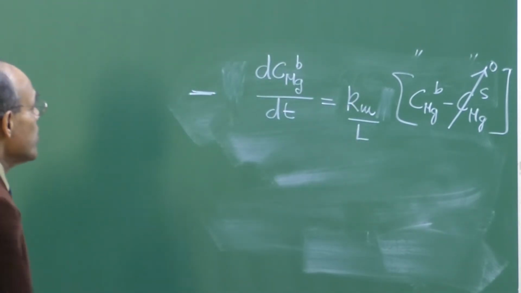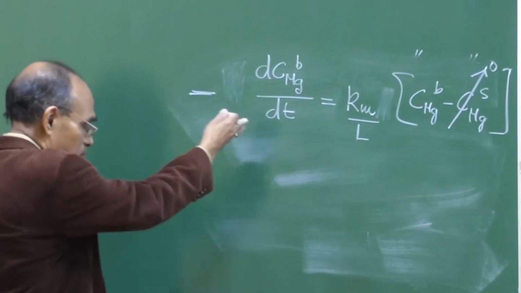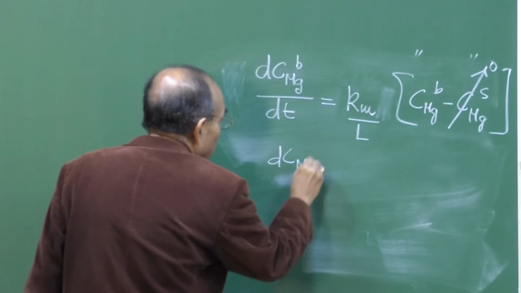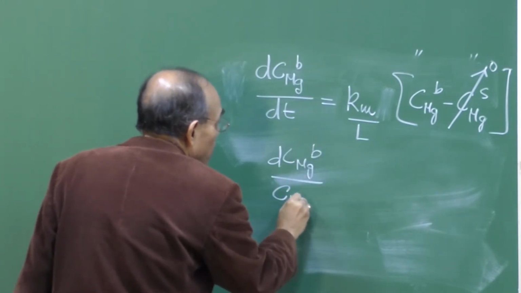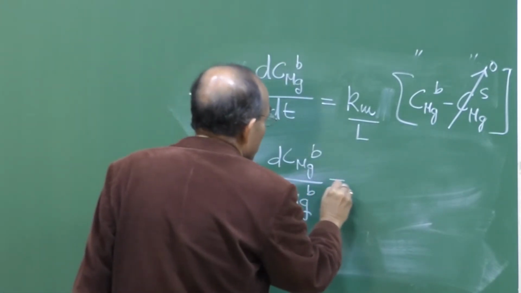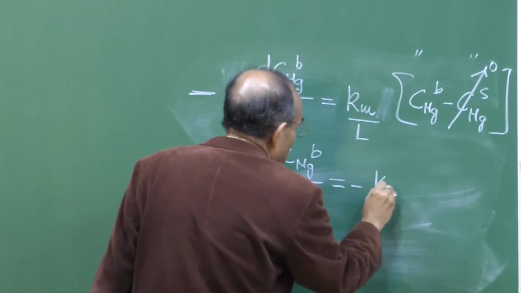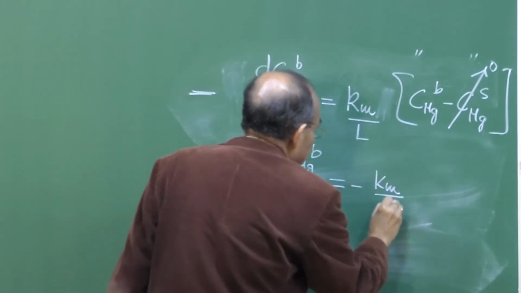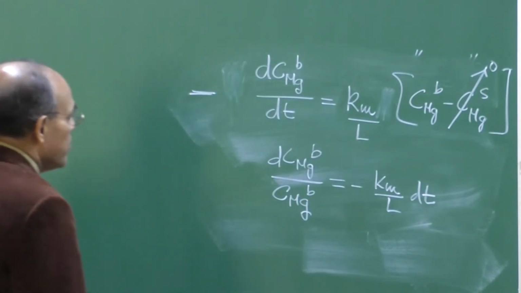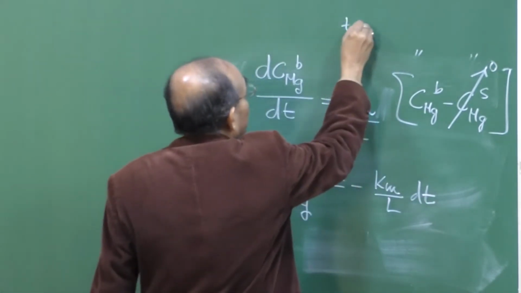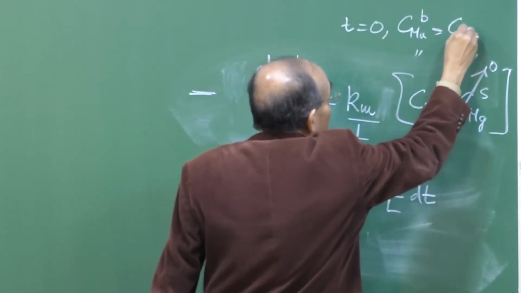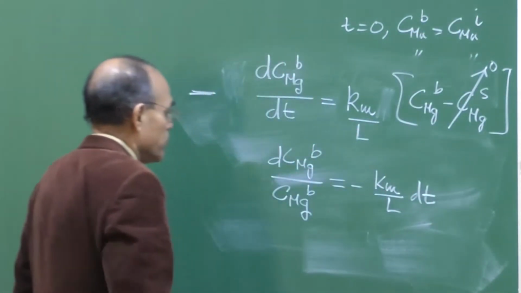So, this is the first order mass transfer process, and we can say that d C magnesium bulk by C magnesium bulk is equal to minus Km by L dt, subject to the condition that at t equal to 0, C magnesium bulk is equal to C magnesium initial.